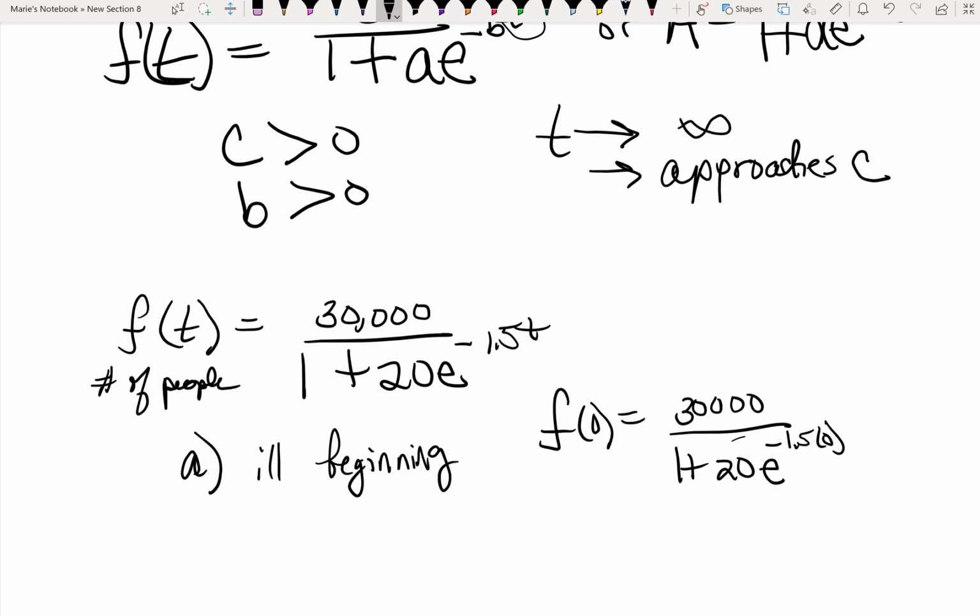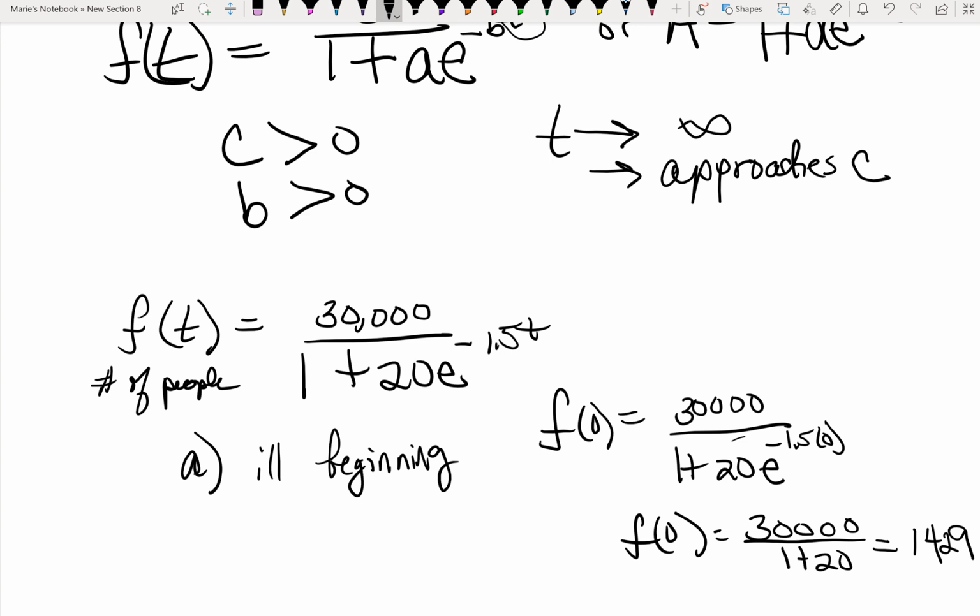So this gives me an equation where f of 0 is equivalent to 30,000 divided by 1 plus 20, ergo 21, which is approximately 1,429 individuals. This is how many people were initially ill when the epidemic began.